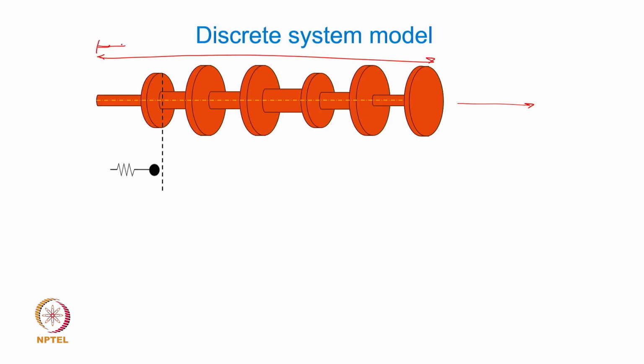So I will discretize it into several such individual segments, and each segment has its own stiffness and mass property. For the sake of illustration, I can take this as one segment. But you can as well take this small element as one segment, and then this as another segment, then this as another segment, and so on. That way the entire system is segmentalized.